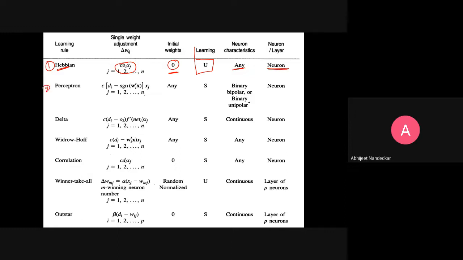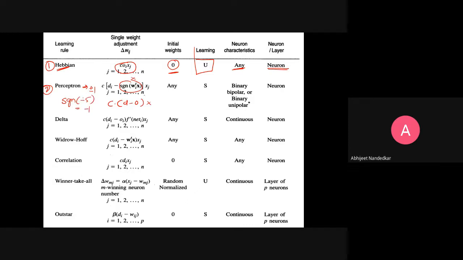Then the second rule is perceptron, which is C times (D minus output) times X, where output is a sign function which produces +1 or -1. So remember, for perceptron the output is +1 or -1 since we are using the sign function. It is not the mathematical sine function, it is the sign of a number. Suppose I write -5, the sign will be -1.